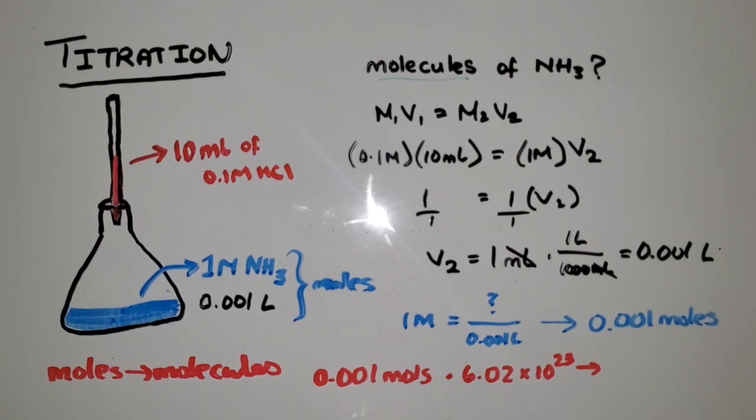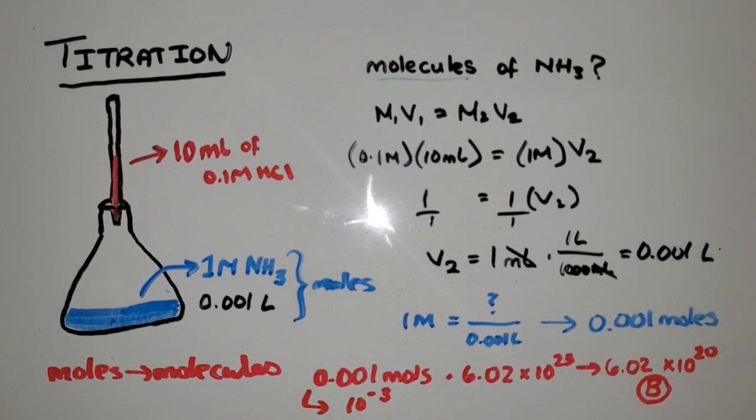So 0.001 is 10 to the negative 3 moles. So that's another way to write it. Now, when you're multiplying exponents, you add them. So this would give you 6.02 times 10, so 23 plus negative 3 is 20. So that tells us that our answer is B.